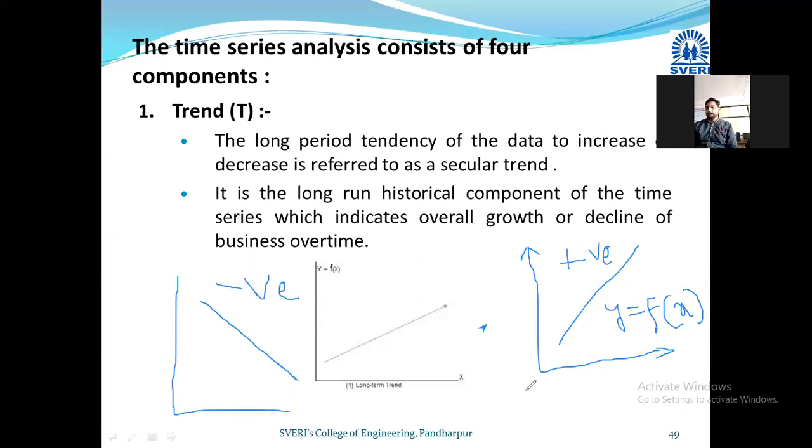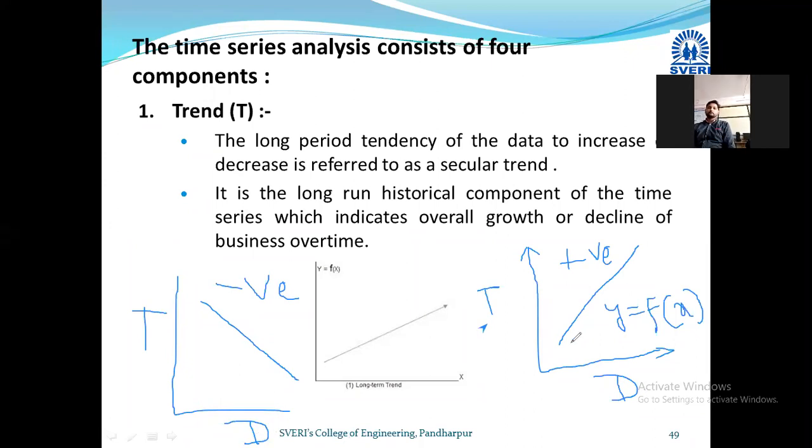So here on x-axis, we can say that the demand is there, and on y-axis, we can say time period t. T will be there on the y-axis. Okay, so here also demand, and here time period.